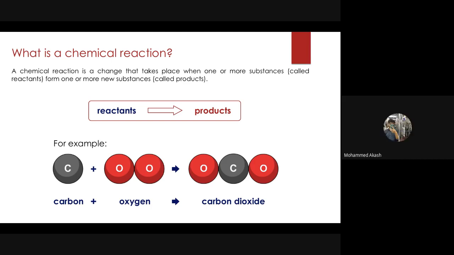Which are the reactant and which are the product? Product is carbon dioxide. And reactant? It's carbon and oxygen. Okay, thank you.